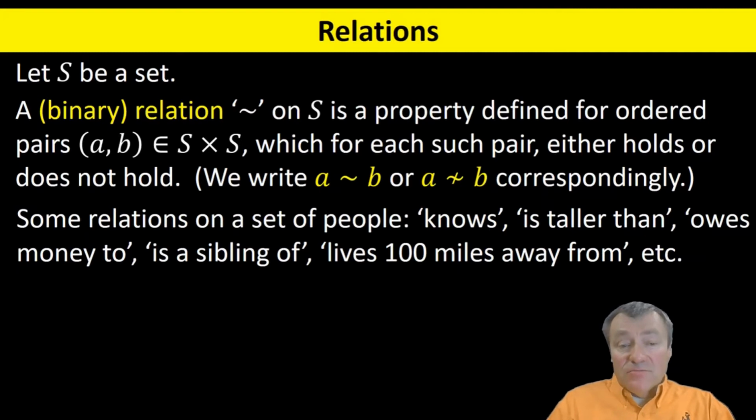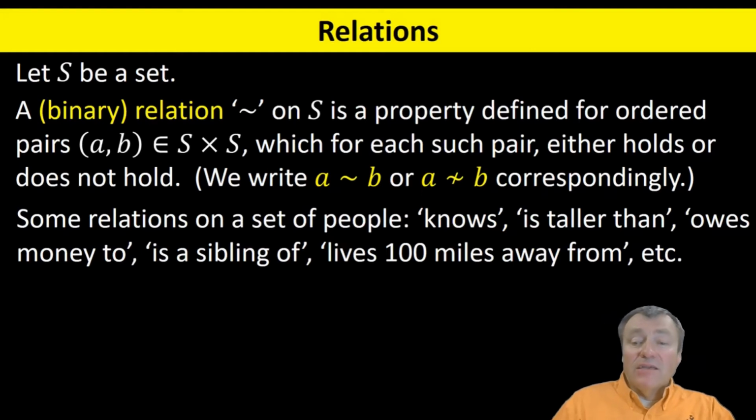Now let's talk about some examples, starting with a set of people, a set S, maybe the set of all students in our university. One relation is that of knowing each other, of one person knowing another. So given people A and B, either A knows B or A does not know B. Let's just make it one or the other for simplicity.